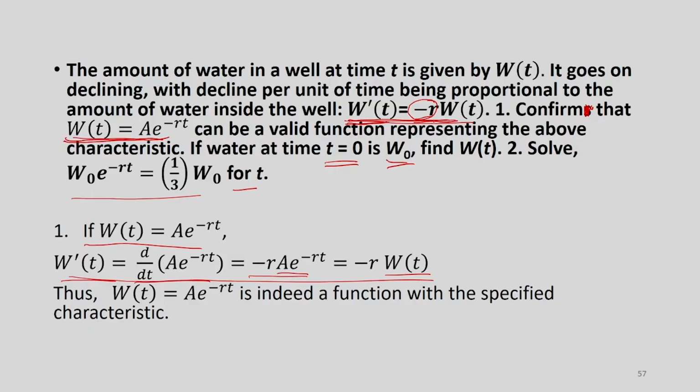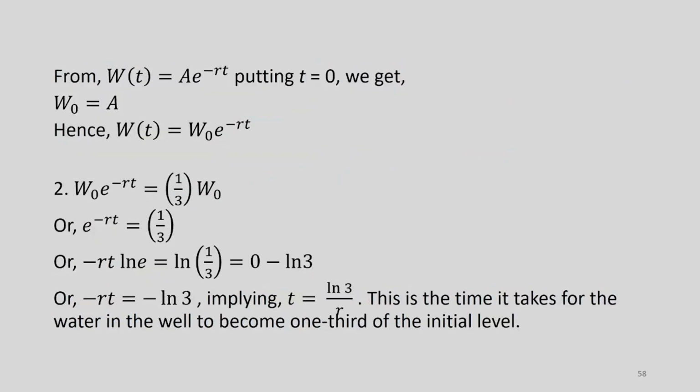However, in this particular form A is not known to us, capital A is not known to us. We have to find out what is W(t). Since A is not known to us, we have to use this information: water at time t equal to 0 is W0. Let us see what happens. Putting t equal to 0, on the right hand side you are going to get e to the power 0, because t is equal to 0.